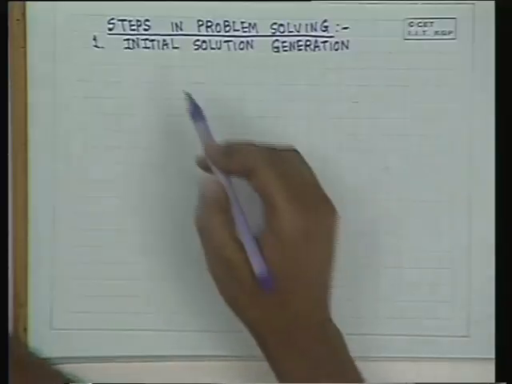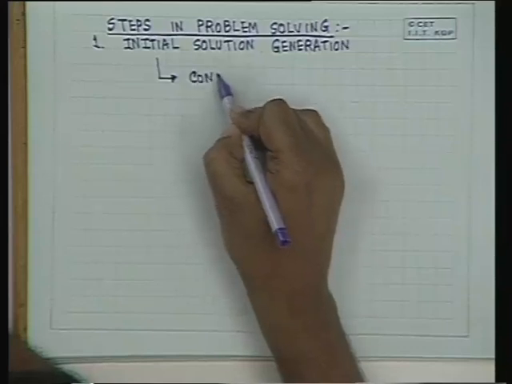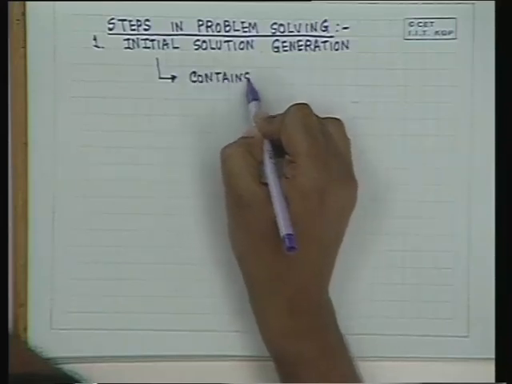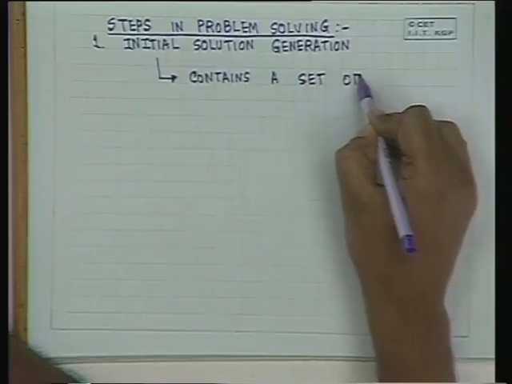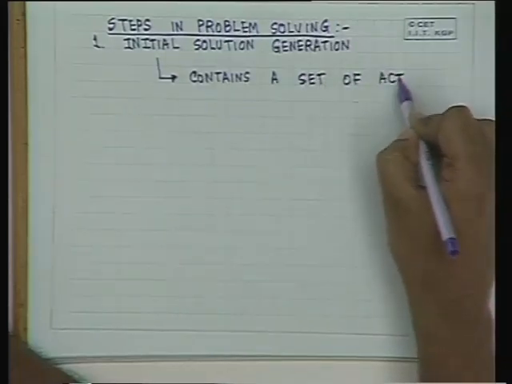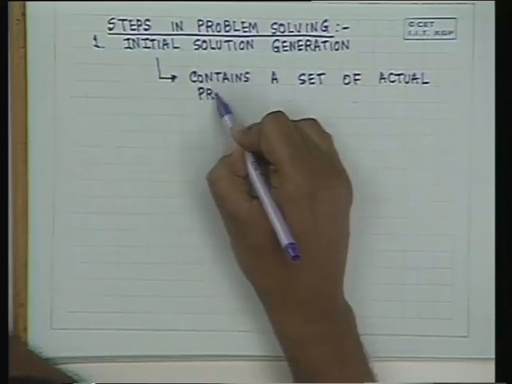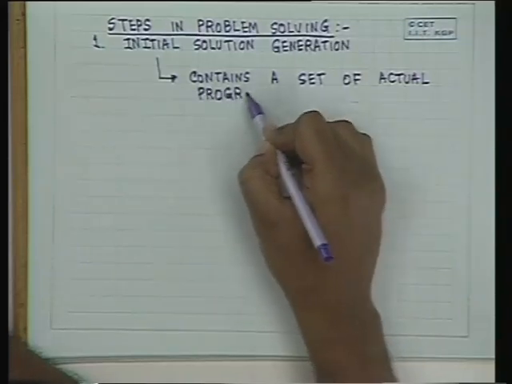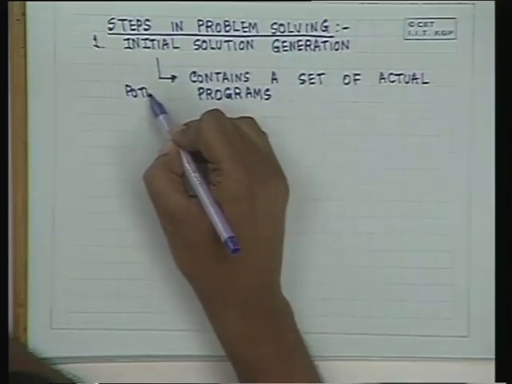So getting an initial solution, and this initial solution contains a set of actual programs. These are not programs, these we can call potential programs.